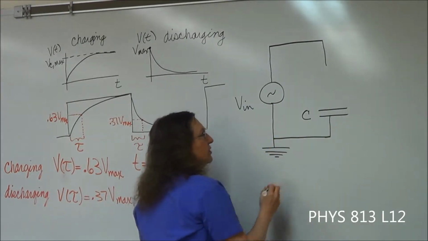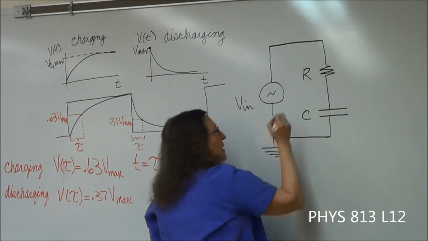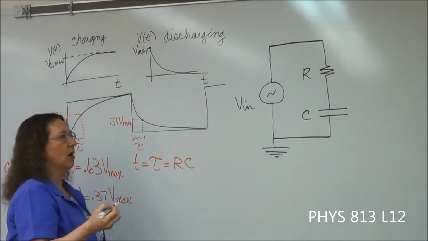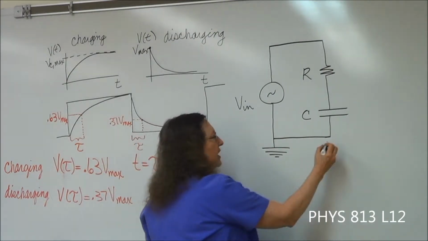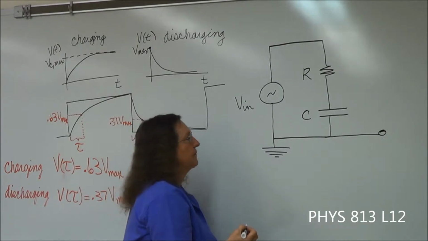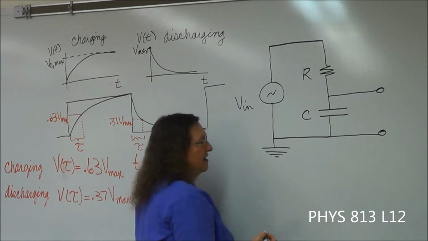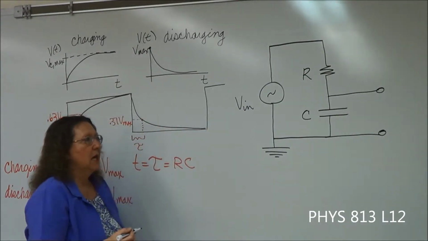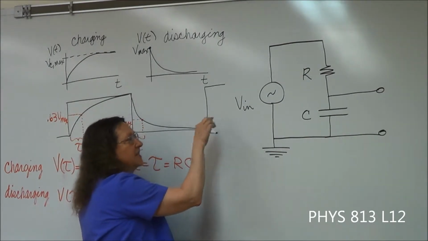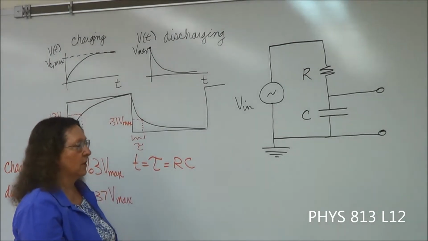So we're going to put it here. I'm going to put C here for capacitor. We'll put our resistor up here, all that R, and then we want the voltage across the capacitor. That's our voltage out, or what we're going to measure. So the standard terminology is to call it voltage out. Now, one thing you want to keep track of, you don't want to think of voltage in as a voltage going in like a current goes in. That's not what happens.